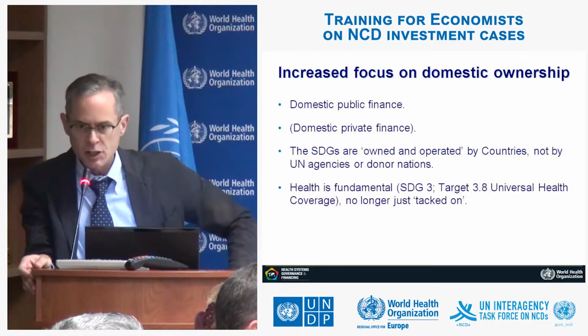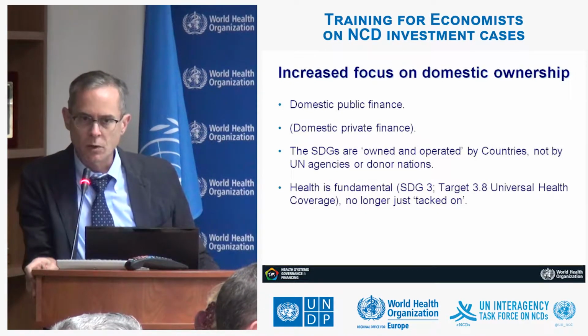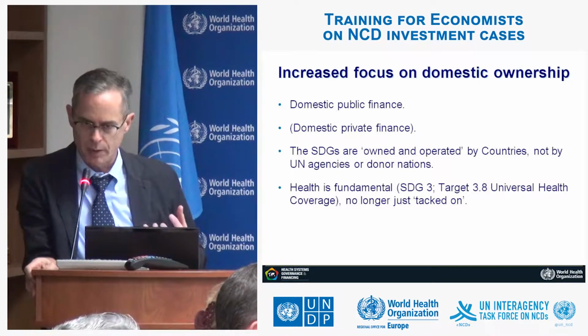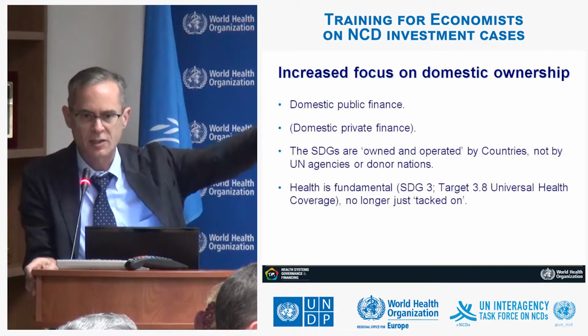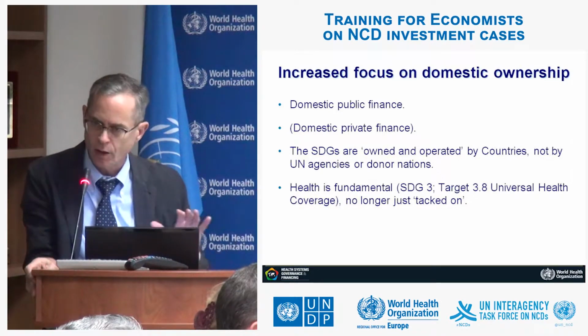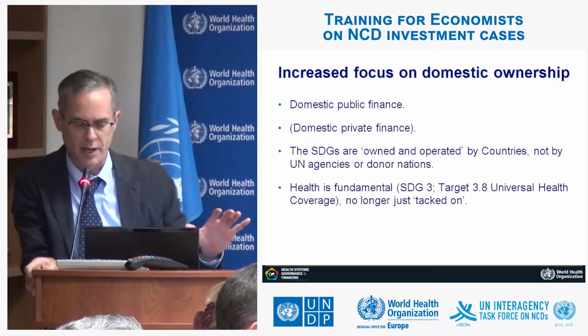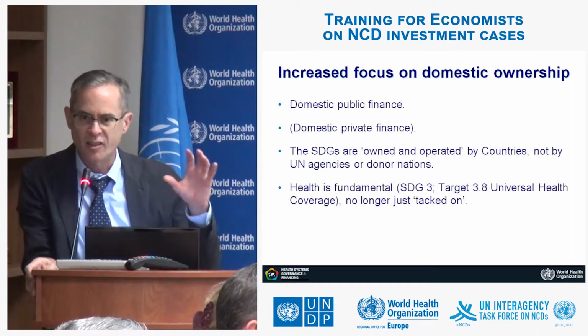So there's a shift in the Sustainable Development Goals toward domestic ownership at national level. That means that it's not just the UN agencies and the specialized agencies, it's national governments that own and operate the Sustainable Development Goals. They are their goals.